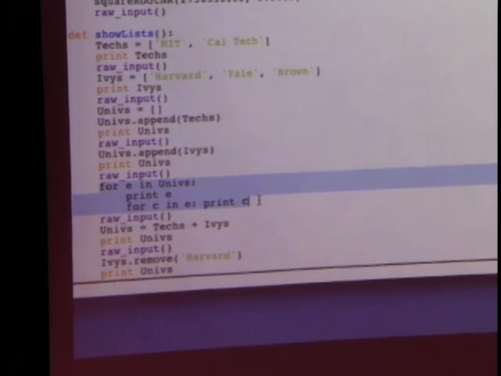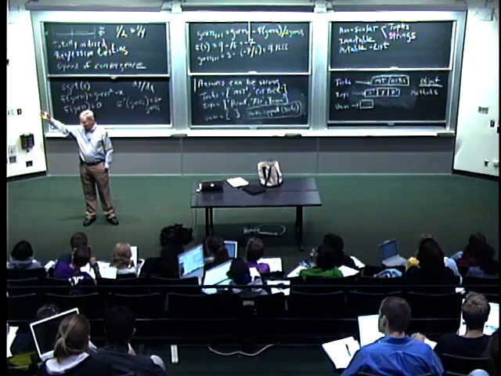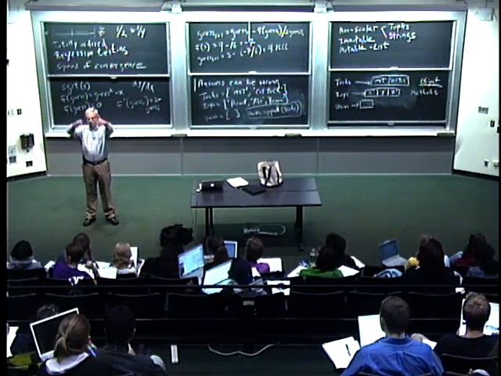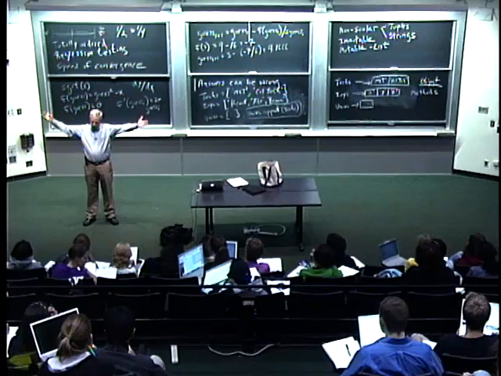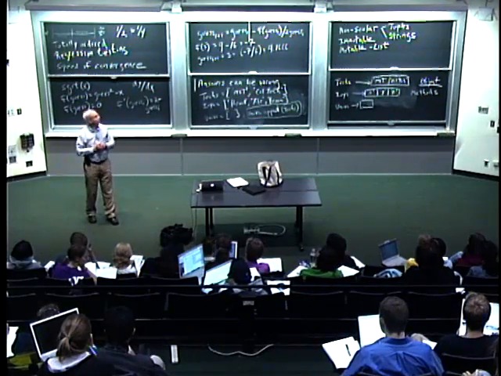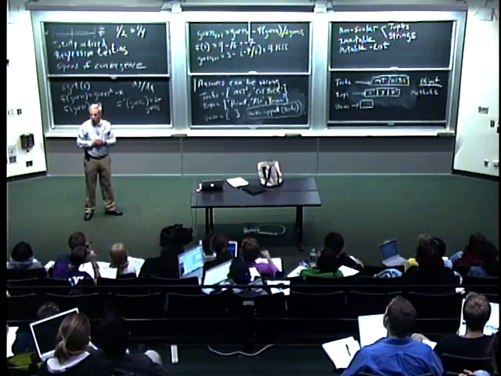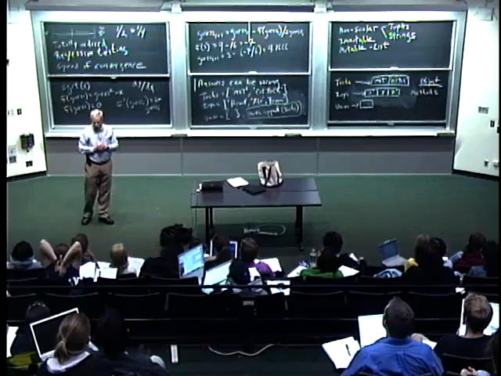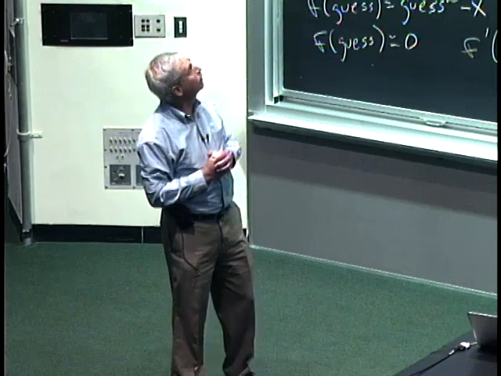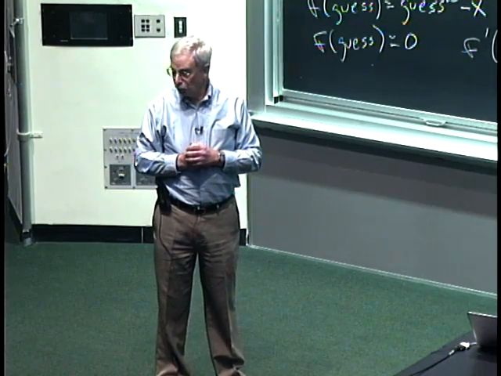So remember before we wrote things like for i in range 10, which iterated over a list or tuple of numbers. Here, you can iterate over any list. And so we're just going to take the list called unevs and iterate over it. So the first thing we'll do is we'll print the element. In this case, it will be a list, right? Because it's a list with two lists in it.